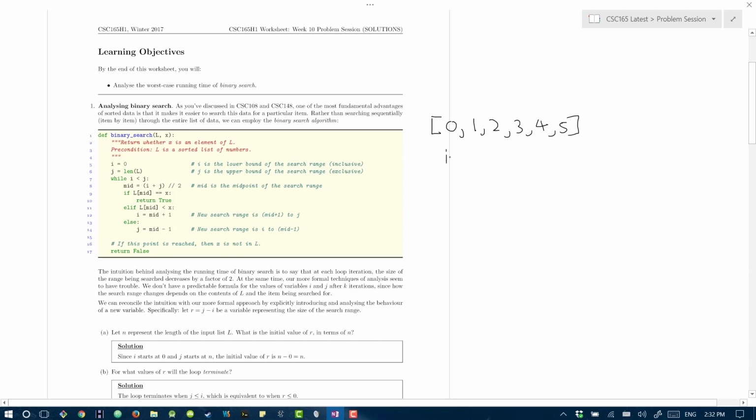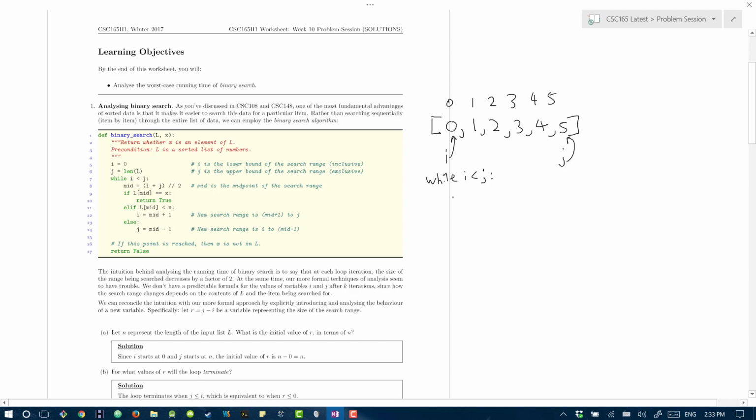So i is going to point at this because this is the index, right? It's the same actually because I started at 0. That makes it easy. And j is going to be the length of the list, so j is going to be pointing right there. Okay, so we have while i is smaller than j.